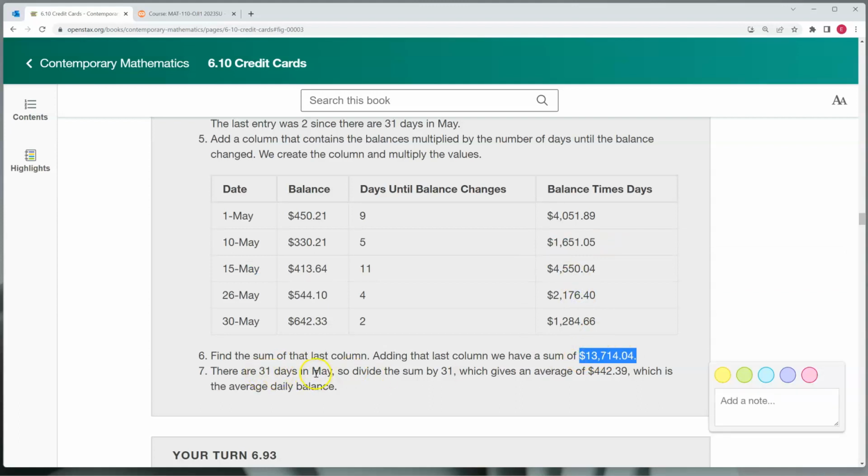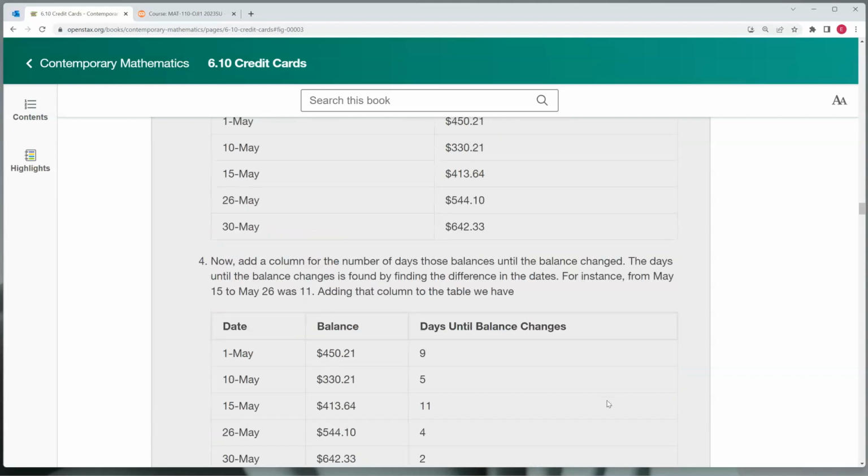Now there's 31 days in May, so we divide that sum by 31, and we get $442.39. That is the average daily balance. So that is, on average, how much money you had on the credit card. And that average daily balance is what's used to calculate your overall interest for the credit card.